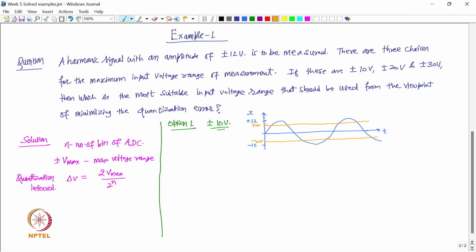So, when we now perform measurement using this option, what is going to happen? The signal which is above 10 volt will be truncated by the input voltage range of the analyzer. ADC will truncate or chop off this signal. So, the signal which will be left with us after measurement would be something like this.